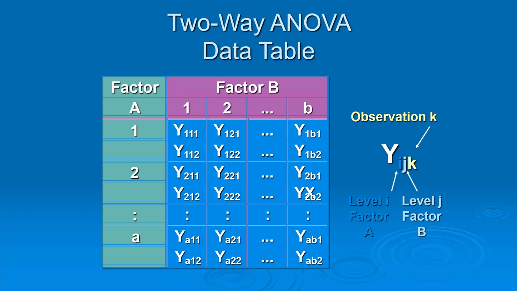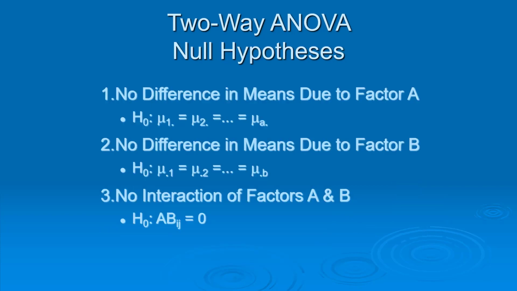This is an example of a two-way ANOVA table. You have I levels of factor A, J levels of factor B, and K observations. We specify statistical hypotheses for each of the main and interaction effects. For each main effect, the null hypothesis states that the relevant marginal population means are equal. The alternative hypothesis states that at least one population mean differs from the rest.